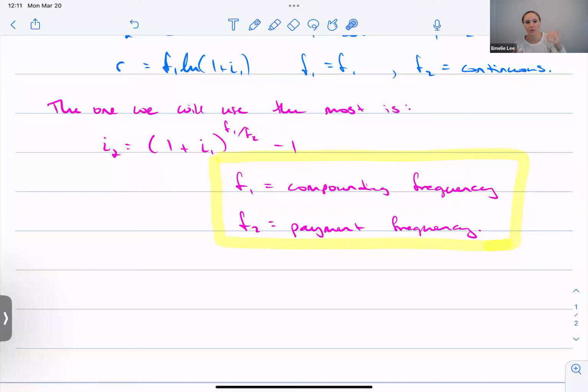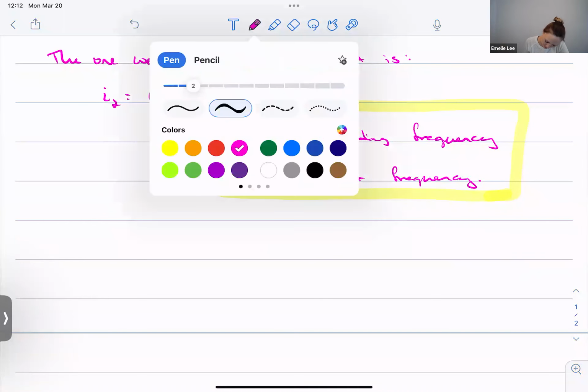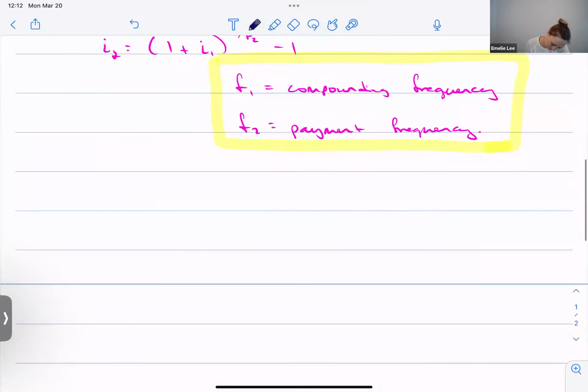If you have regular payments, we have an annuity. And so for an annuity problem, the first thing that we're going to do is just calculate I2. It's that extra step, and then we're off to the races. So we introduced annuities.